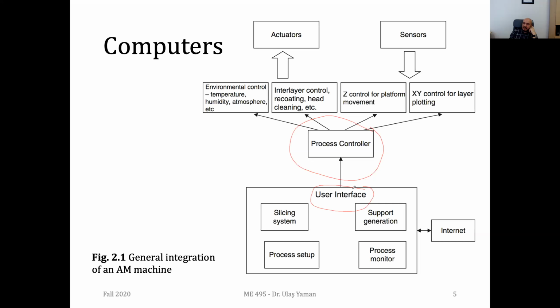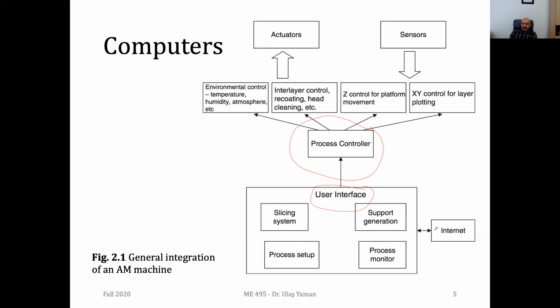For most of the time, the users do some setups, do slicing, generate the support structures, and also monitor the states of the printing process with the help of some numbers here. So this is an overall user interface in the additive manufacturing machinery.